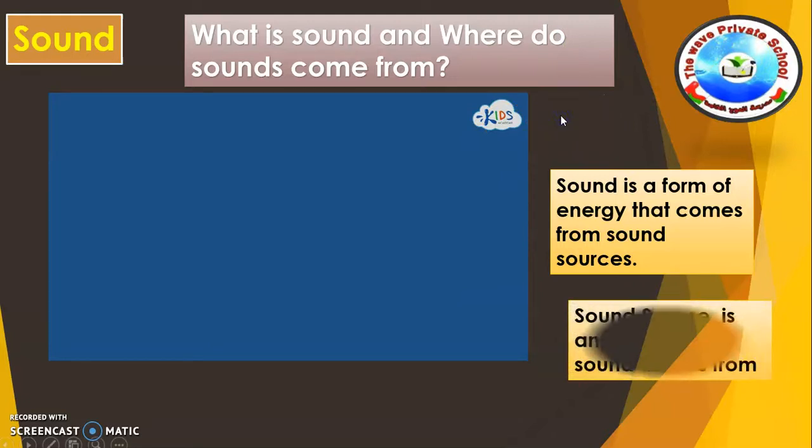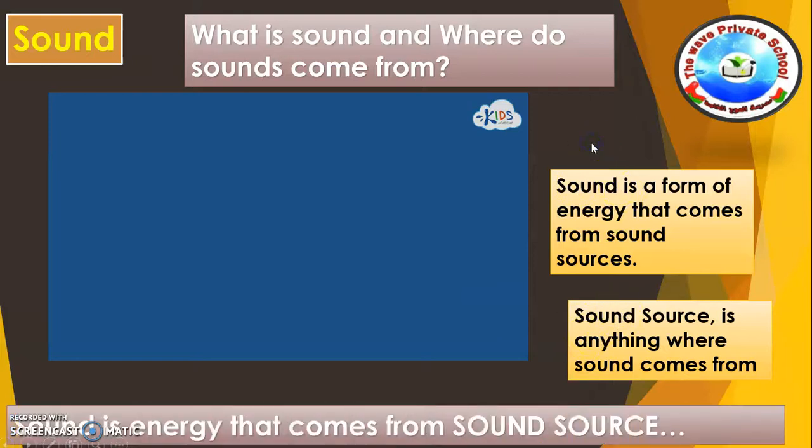And what is a sound source? A sound source is anything where sound comes from. Anything that produces sound, that is what we call a sound source. Sound is energy that comes from a sound source.